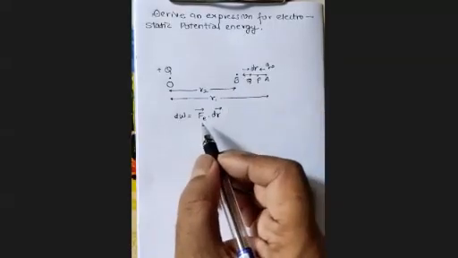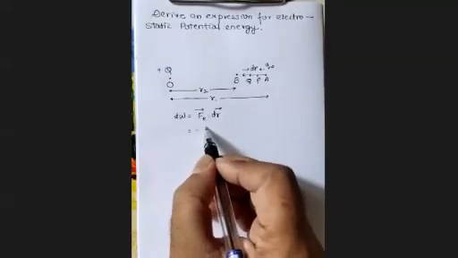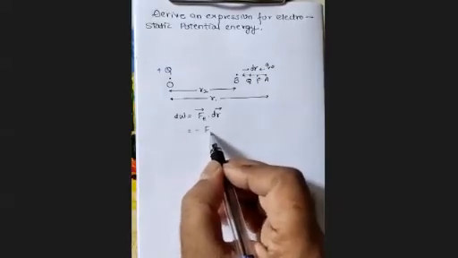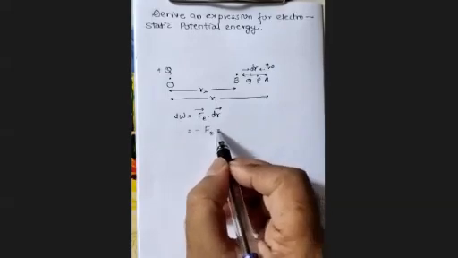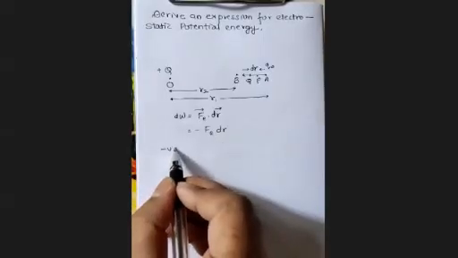So here we have to consider a negative sign. So this will be minus QE into dr.